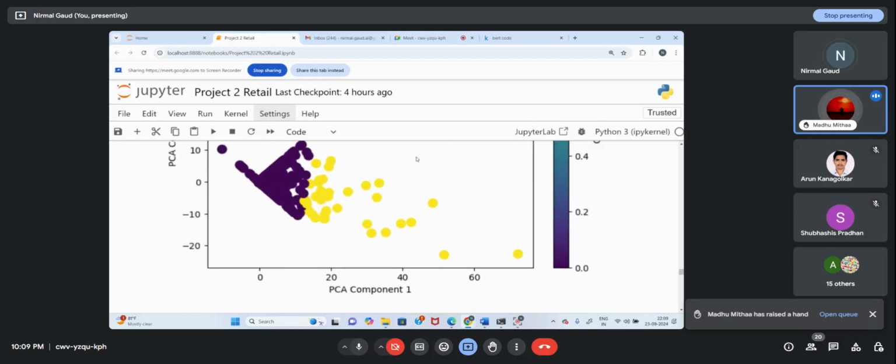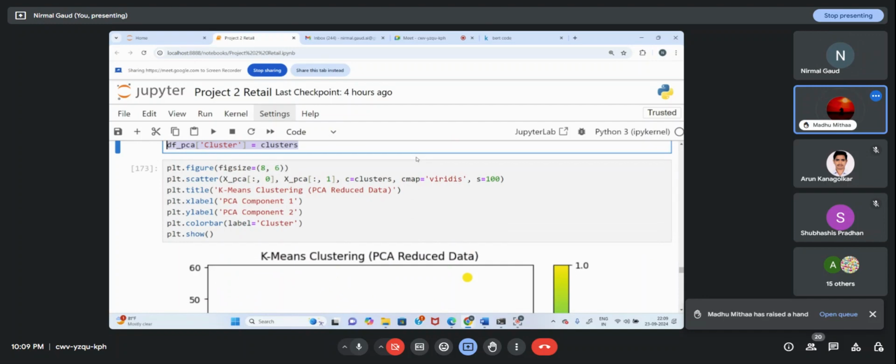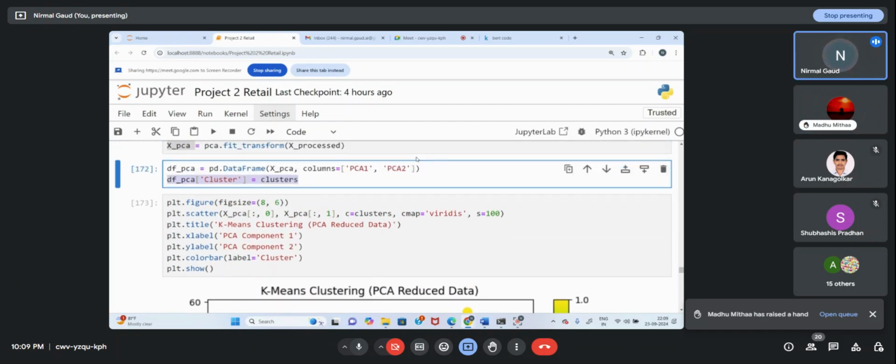Sir, what would be the metric for this clustering here? For K means, if you want to evaluate it, you have the silhouette score. There are two to three other scores which can be calculated to check whether the clusters you have made are proper or not.